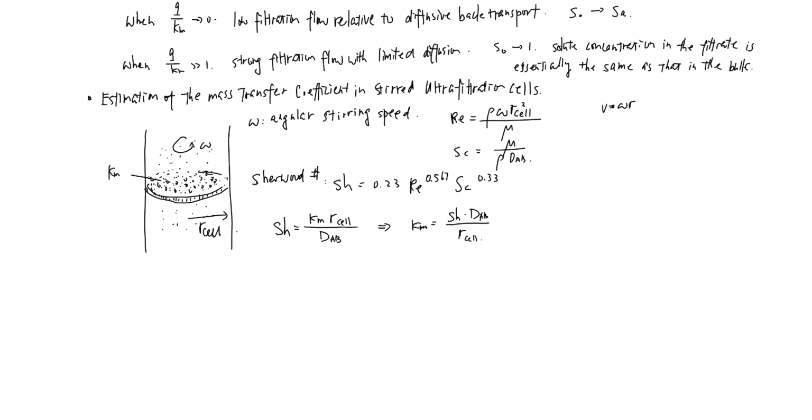And also, if you know Km, then you can get Q divided by Km. Then you can relate S observed this way. So you can do a lot of things if you know the Km.